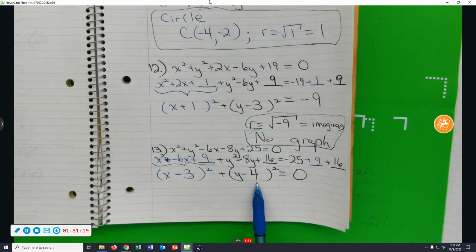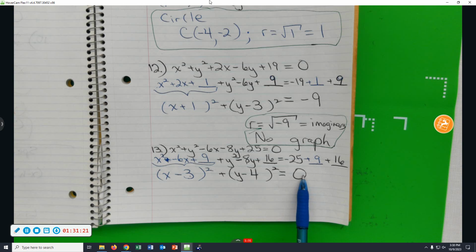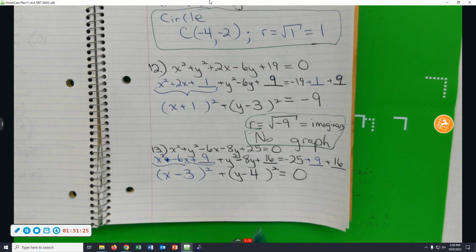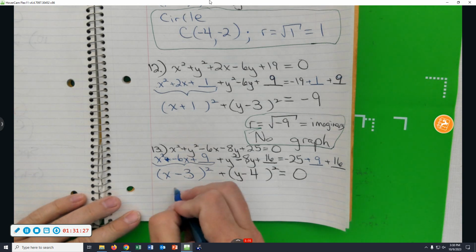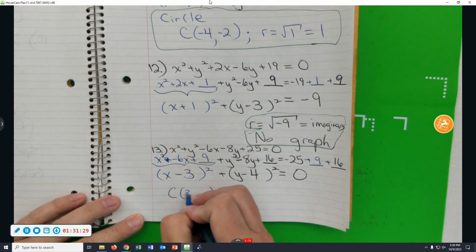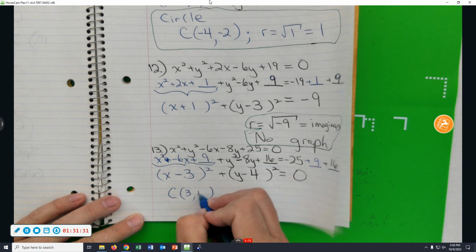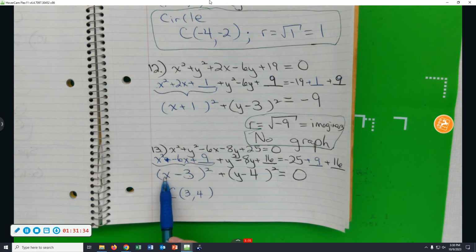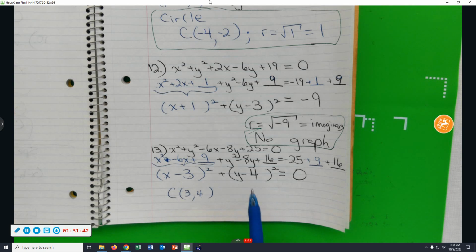What would the center be? 3, 4. But when you try to take the square root of this number, that's when you get a radius of 0. All you have is the center point, 3, 4. If you plug in 3 for x, you get 0 squared, plus plug in 4 for y, you get another 0 squared. 0 squared plus 0 squared is equal to 0.